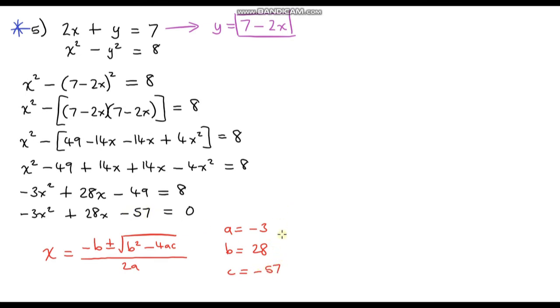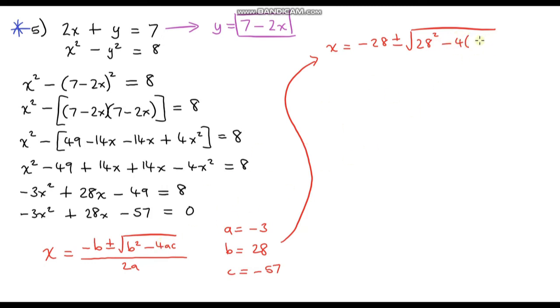So let's plug these into our formula. x is going to be equal to minus b, so that's minus 28, plus or minus the square root of b squared, so that's 28 squared, and I can see now why we get to use the calculator. And we're going to subtract 4 times a, which is negative 3, times c, which is negative 57.